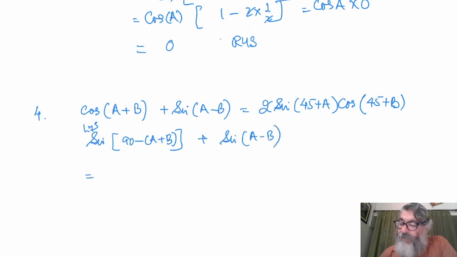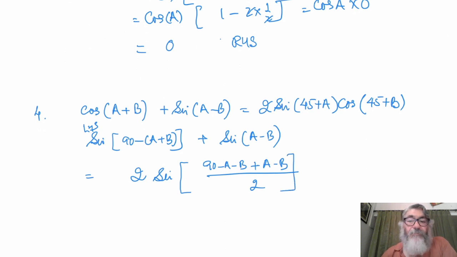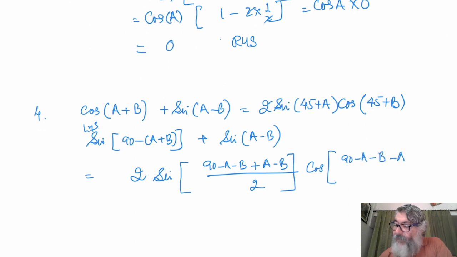So it becomes sin C plus sin D, which will become 2 sin((C plus D) upon 2), that is (90 minus A minus B plus A minus B) upon 2, times cos((C minus D) upon 2), that is (90 minus A minus B minus (A minus B)) upon 2.